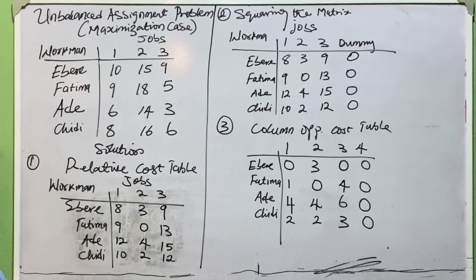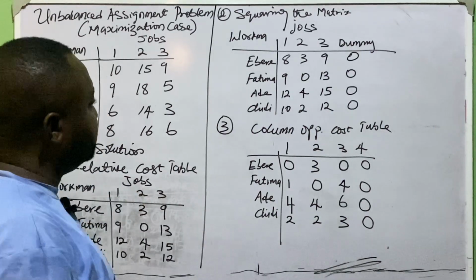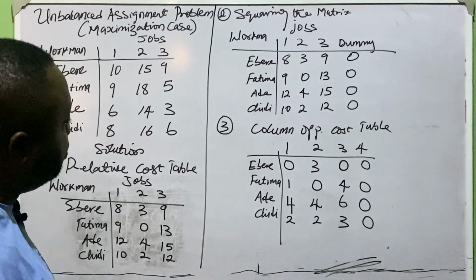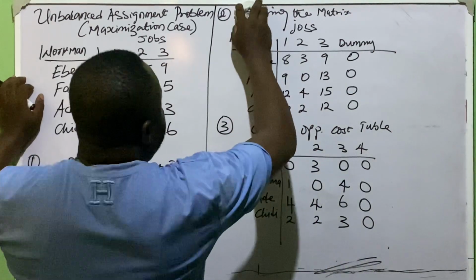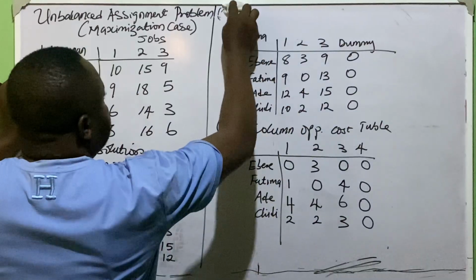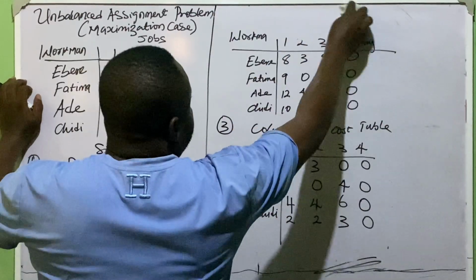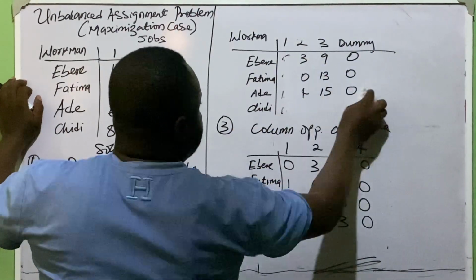From this column opportunity cost matrix, we're going to do our row opportunity cost table, that is also called total opportunity cost table. So I'm going to clean this.